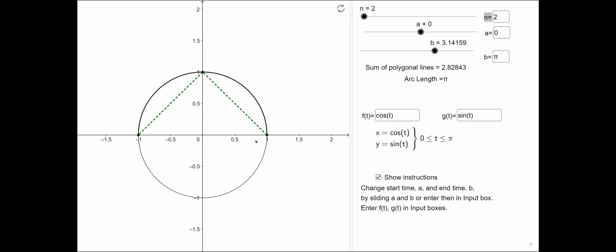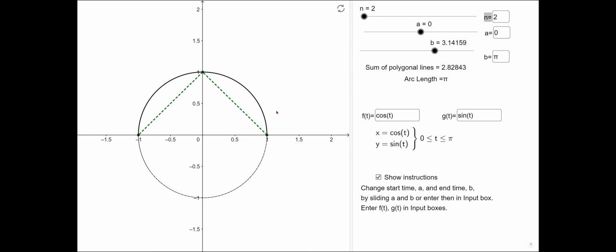It's not hard to get the length from here to here and from here to here. So the sum of those two lengths is approximately equal to this arc length. That's an approximation.